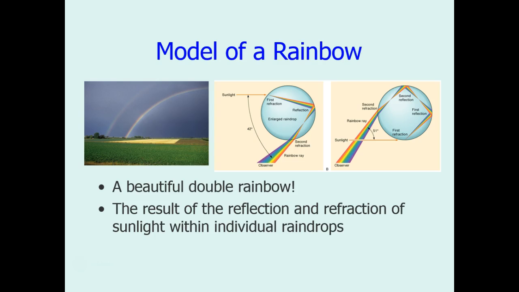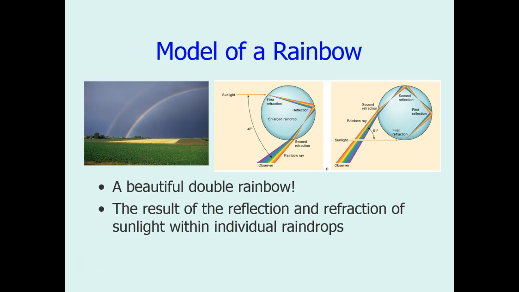This is also why the outer one is dimmer, because just a little bit of light does that, so it's a very weak light. That's why you don't see most of them. Most of the time you see a rainbow, there's always a second one out there, it's just too dim for you to see. But this is a very bright one here, so you do get to see that.